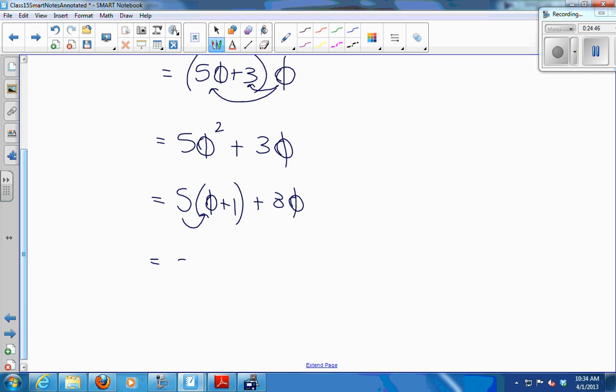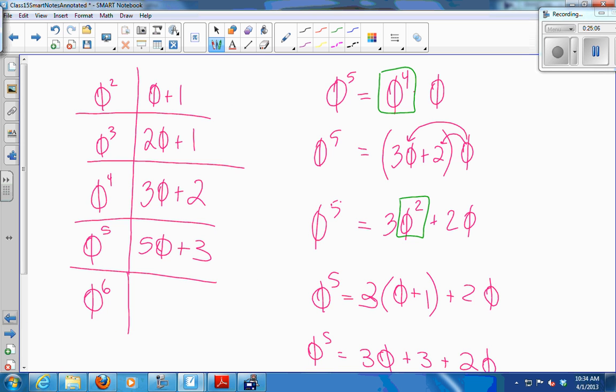So 5 times phi is 5 phi. 5 times 1 is 5. Finally, just combine like terms. 5 phi plus 3 phi is 8 phi plus 5. So this is phi to the 6th, 8 phi plus 5. So if I go back to my table, phi to the 6th is 8 phi plus 5.